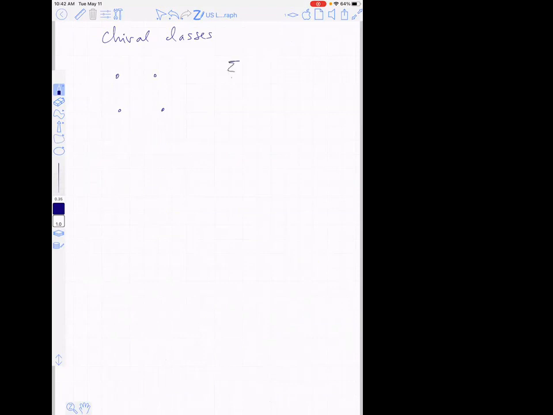So you have something like the sum over i and j of T_ij c_i dagger c_j, plus the Hermitian conjugate.